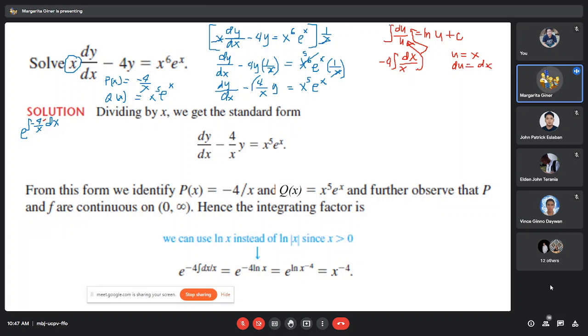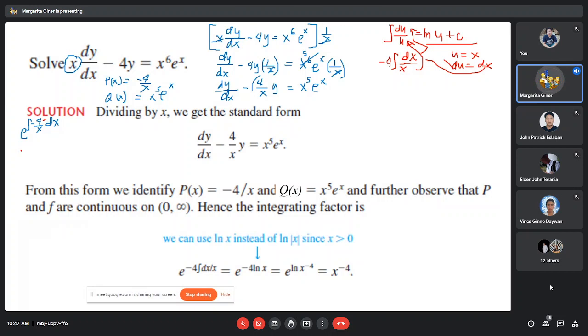So, it matches. As long as they match, the value of du is exactly dx, and the value of u is exactly the value of x, you can use ln.